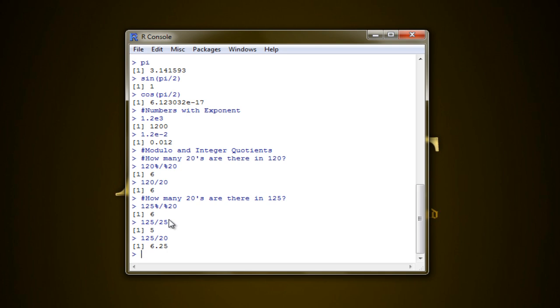Okay, now suppose we wanted to know the remainder of 125 over 20. How to do that?